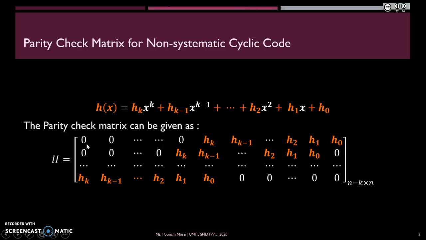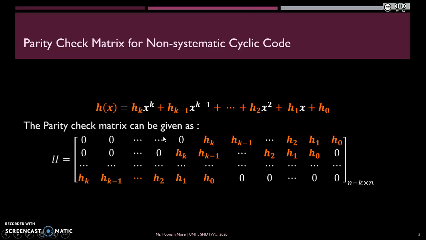So here you have formed the first row by using the respective coefficients, but the h0 will be located at the extreme right of the first row, followed by the remaining coefficients, and after that you will fill the remaining columns of that row with 0.